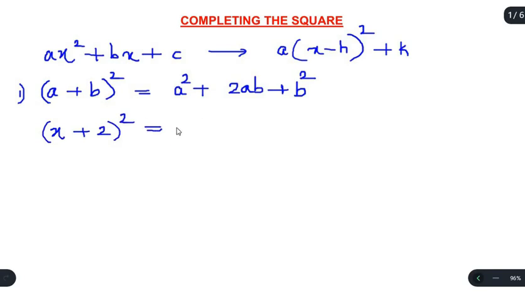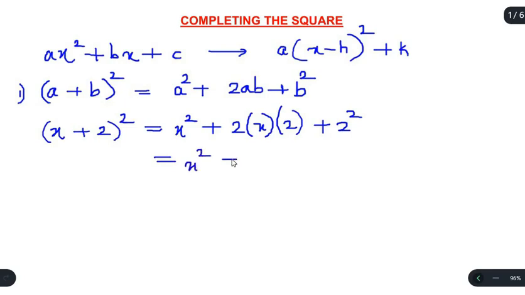So we can write it as x squared plus 2 times x times 2 plus 2 squared. Simplifying it, we get x squared plus 4x plus 2 squared. I have kept it as 2 squared here.